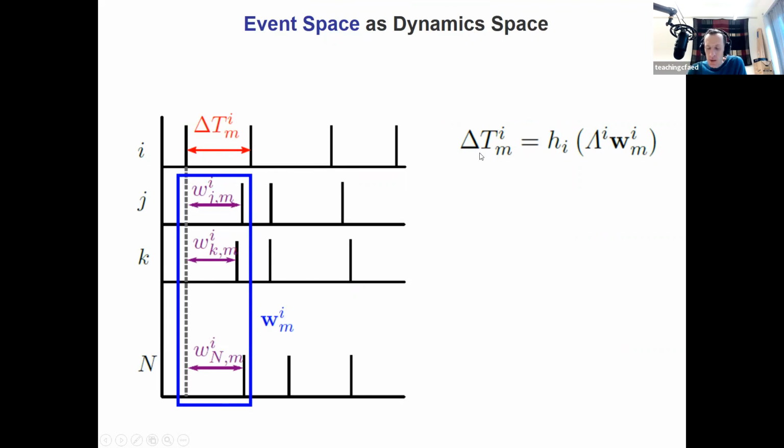So delta T_m is some fixed but unknown function of the W vector, the cross-spike intervals, at event number m, multiplied again by the same explicit dependency matrix.